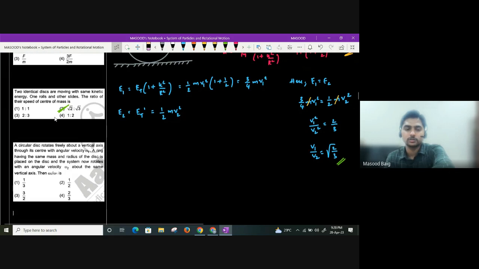Now, a circular disk is rotating freely about a vertical axis through its center with angular velocity omega 1. We have a disk rotating about a vertical axis, so you can consider the disk to be in a horizontal plane, with angular speed omega 1.